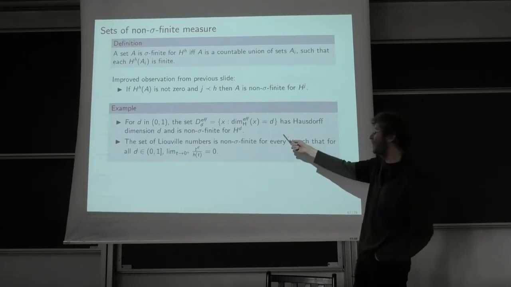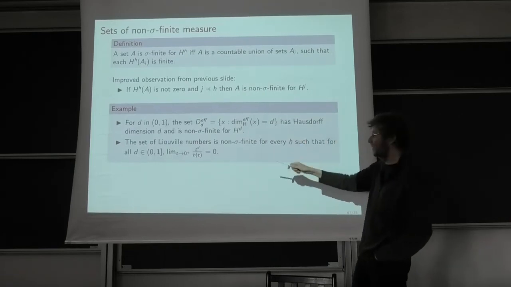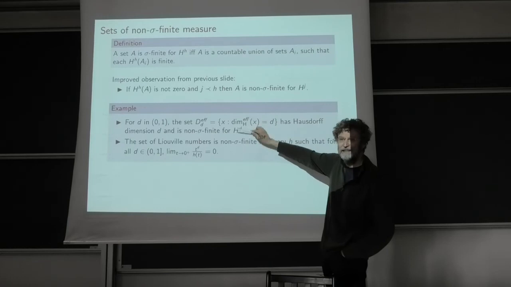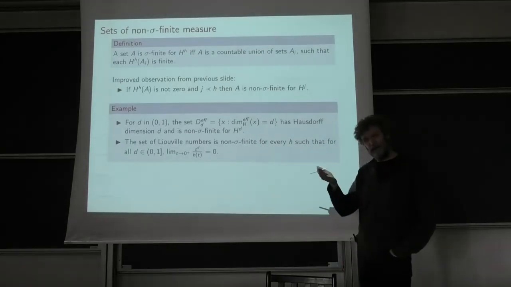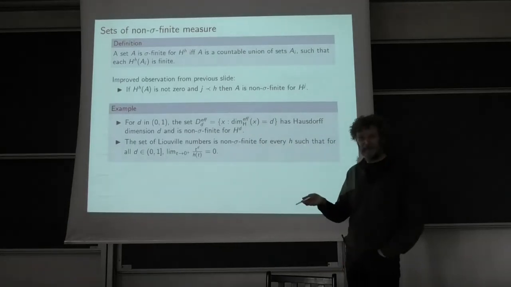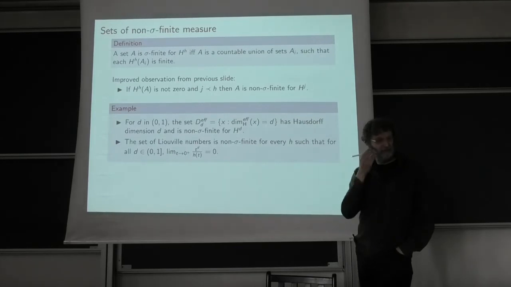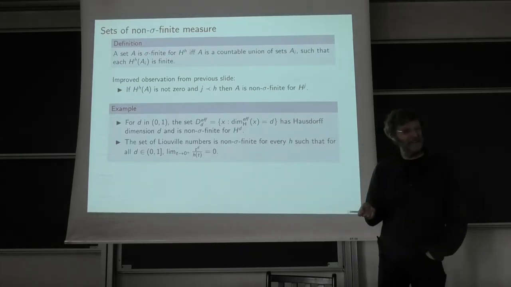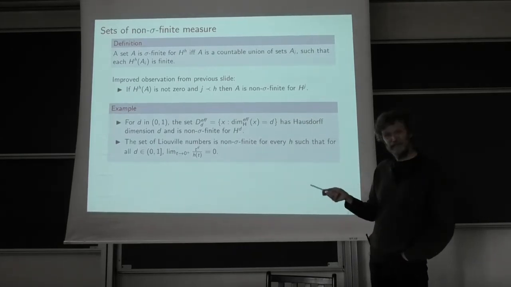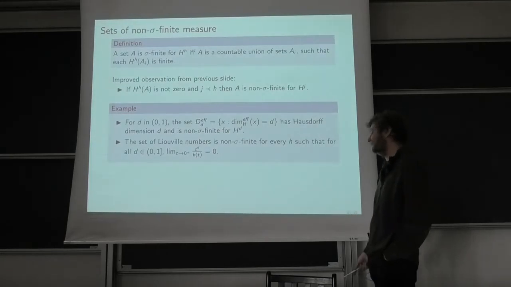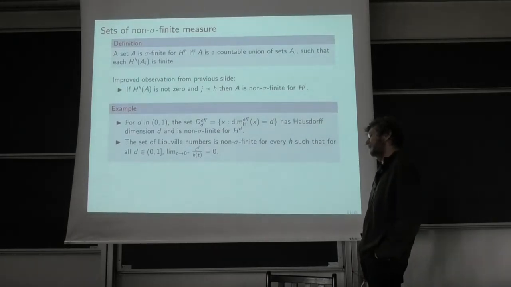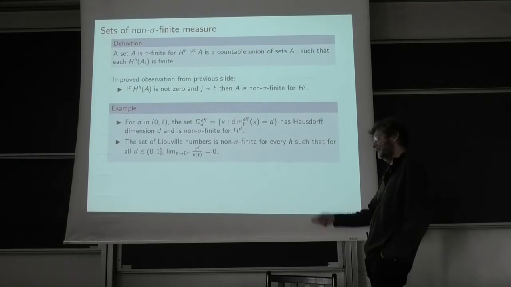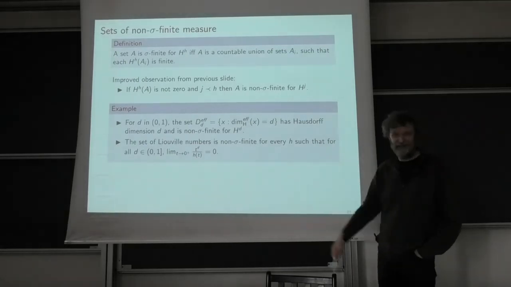That set, you can prove, has Hausdorff dimension d, though we observed that already, right? The set of things that were compressible at most to d has full dimension, but even better, not only does it have dimension d, its H^d measure is not 0.